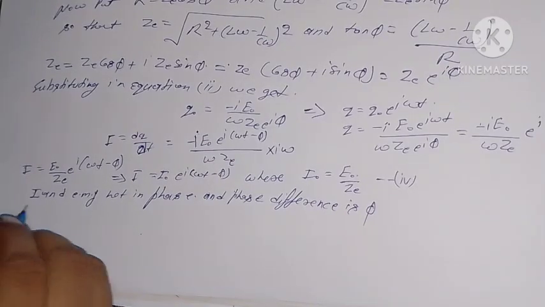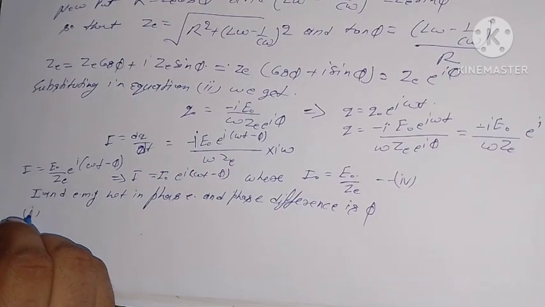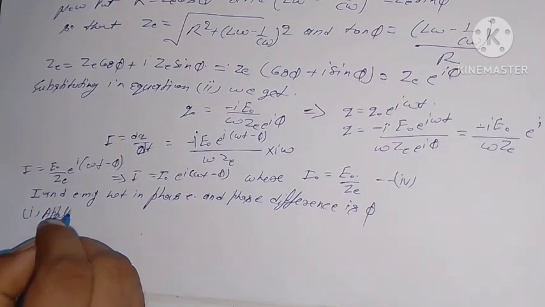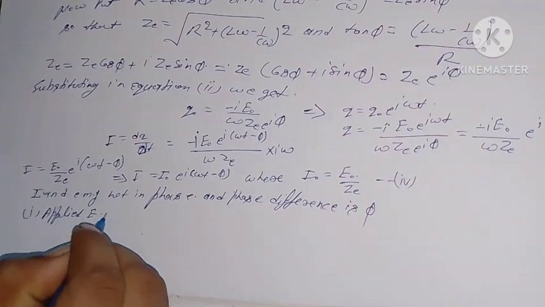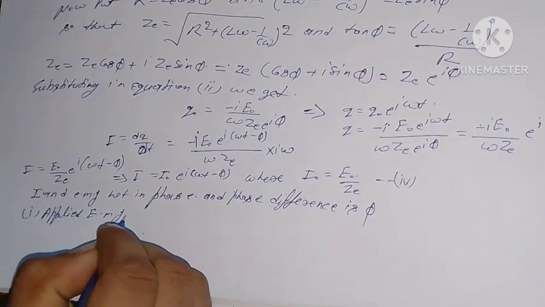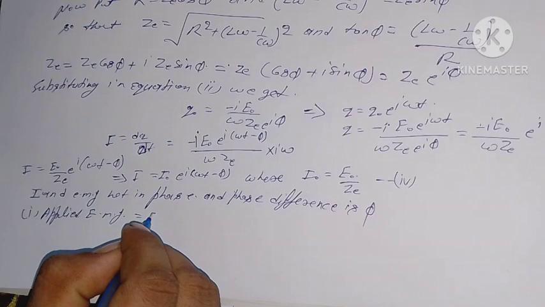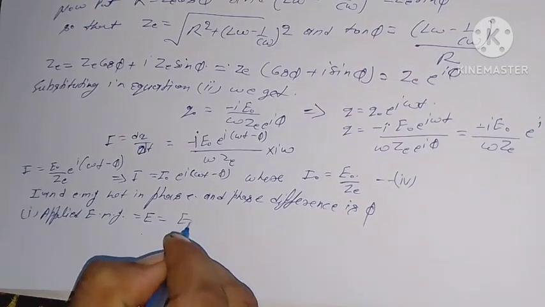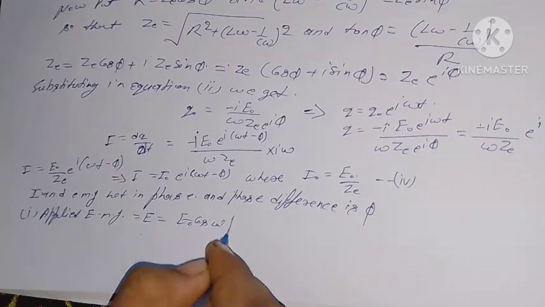First point: the applied EMF E equal to E naught cos omega t.